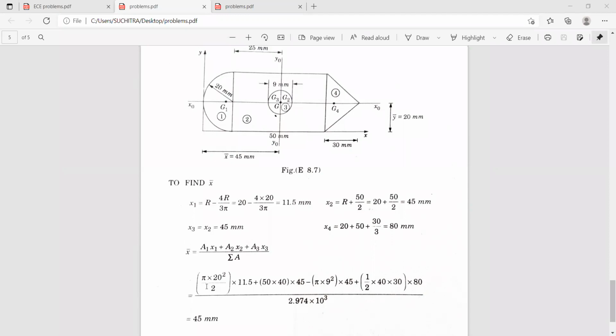So x bar is pi r square by 2 into x1 which is 11.5, plus 50 into 40 into x2 which is 45 millimeters.